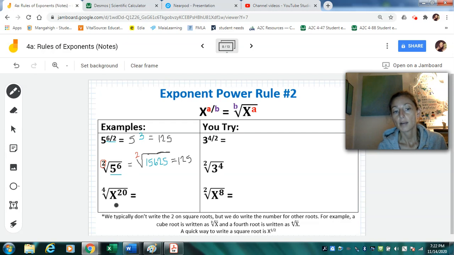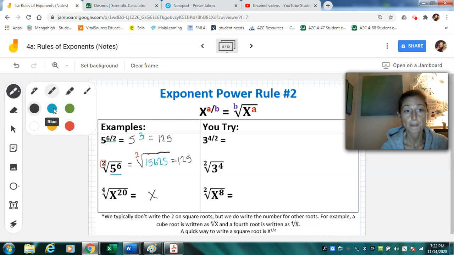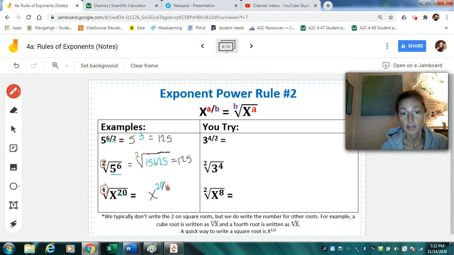Rather than writing the 4th root of x to the 20th, what that really is is x to the 20th power divided by 4. And then we can just simplify that as x to the 5th power.